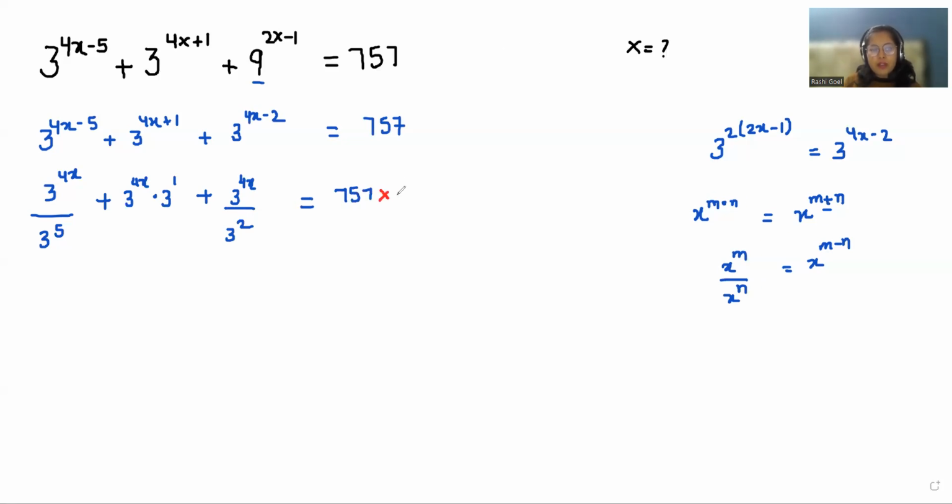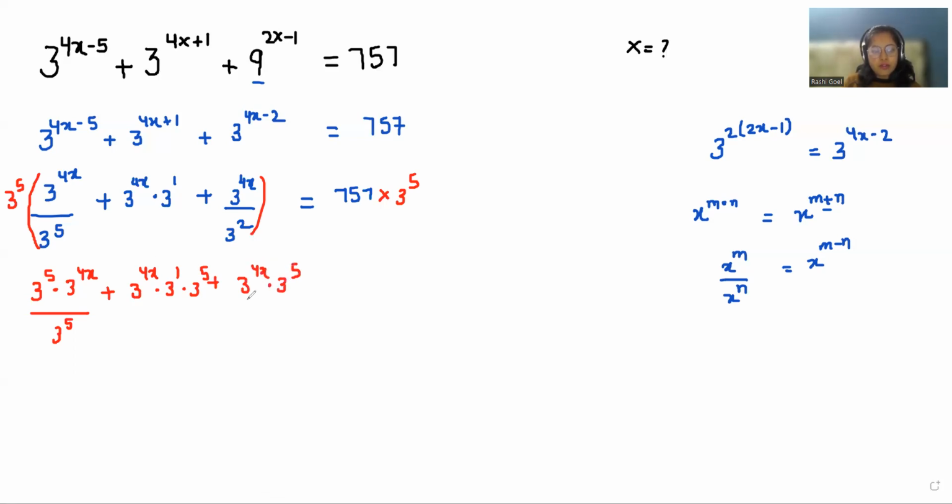Now I'm going to multiply with 3 power 5 both sides. So it looks like 3 power 5 times 3 power 4x divided by 3 power 5 plus 3 power 4x times 3 power 1 times 3 power 5 plus 3 power 4x times 3 power 5 divided by 3 power 2 is equals to 757 times 3 power 5.